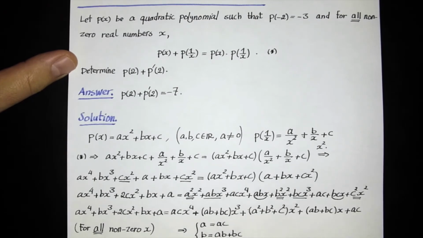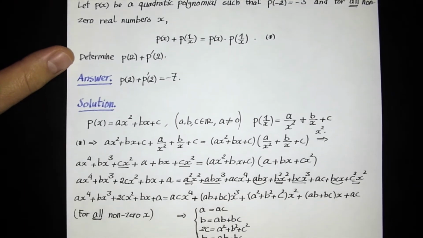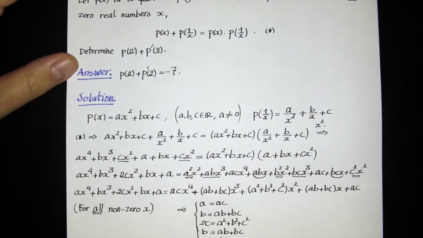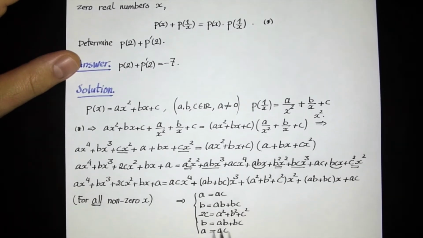But if you look at these equations, two of them are redundant. This one is the repetition of the first one, so you don't need to care about the last one. And this one, next to the last, is also the repetition of the second one, so you don't need them.